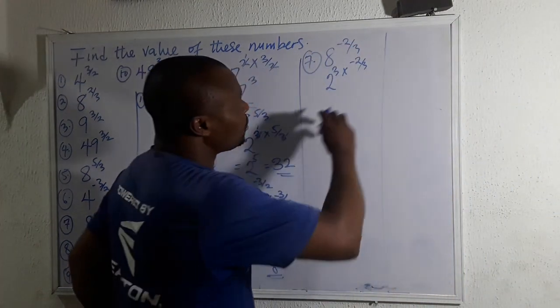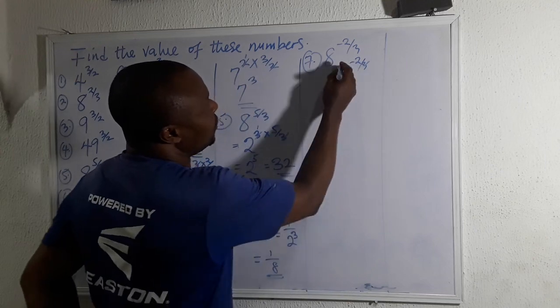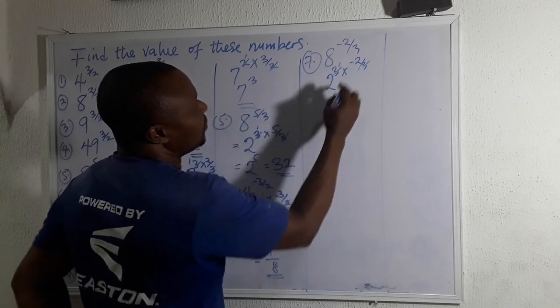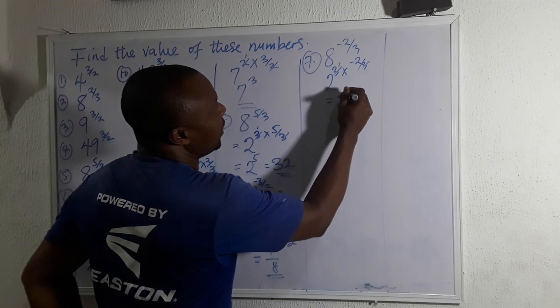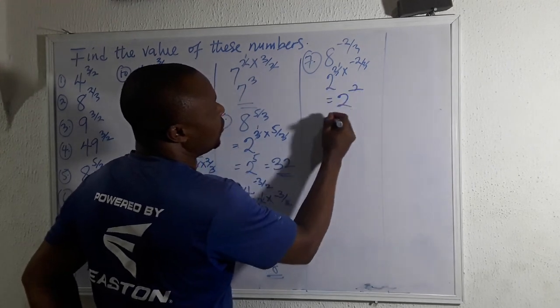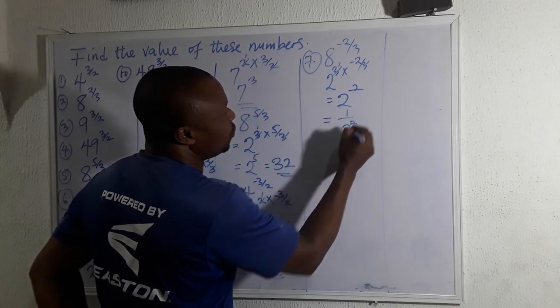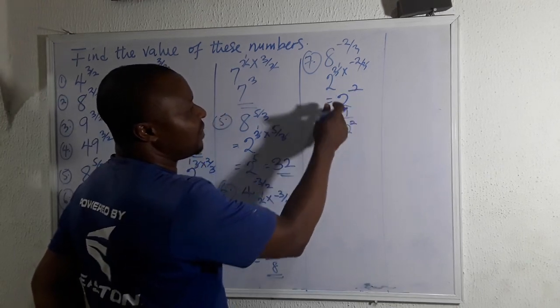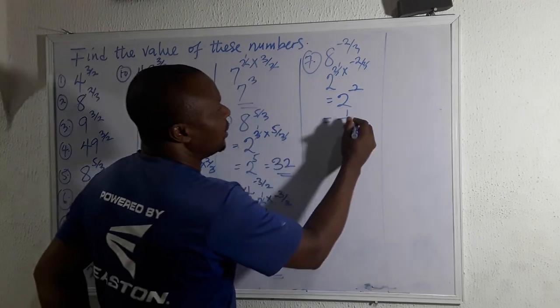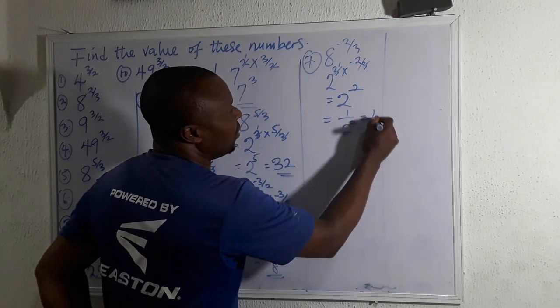Now this 3 goes into this 3, that is 1. 1 times minus 2 will give us 2 raised to the power minus 2. Of course, this can translate into 1 over 2 raised to the power 2, because a negative index inverts the base. And that will give us 1 over 4.